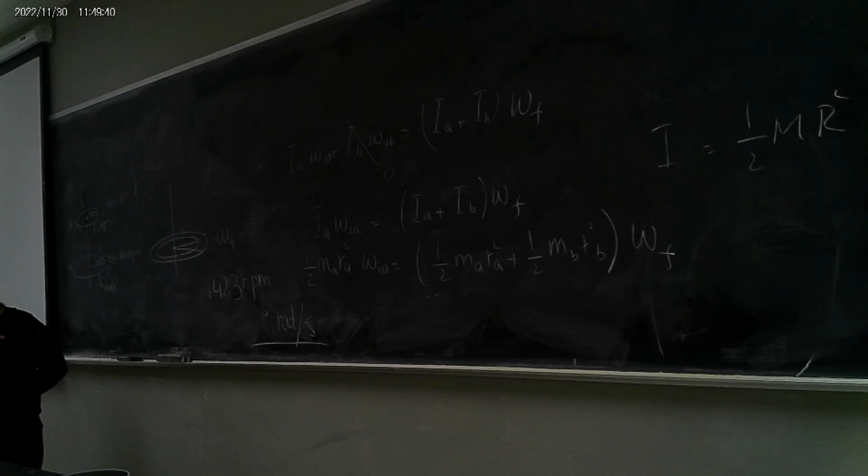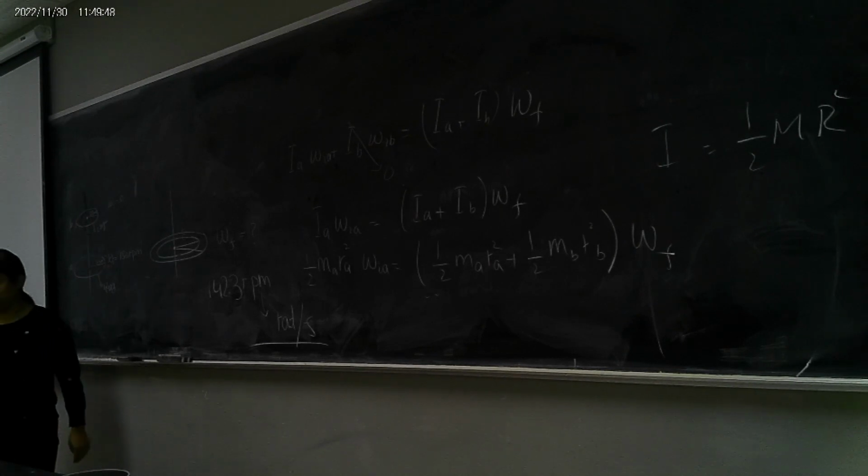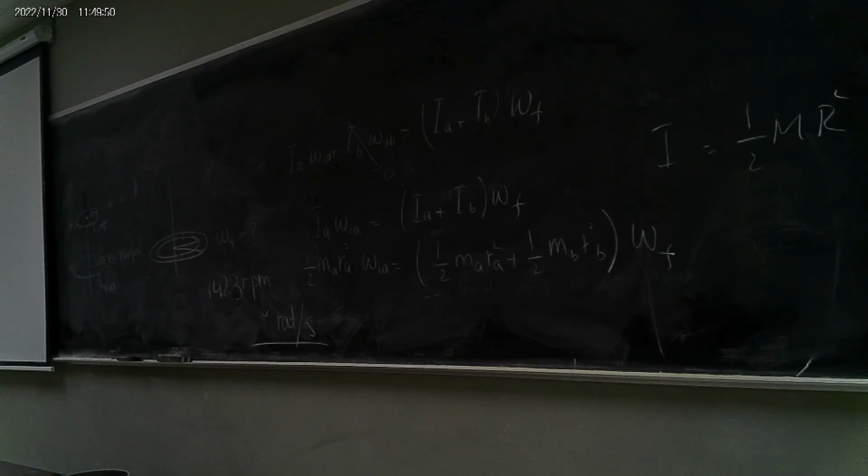Right? You will multiply it by 2 pi and divide it by 60. Good. Should we move on?